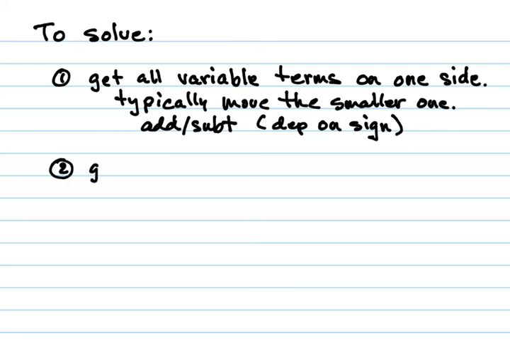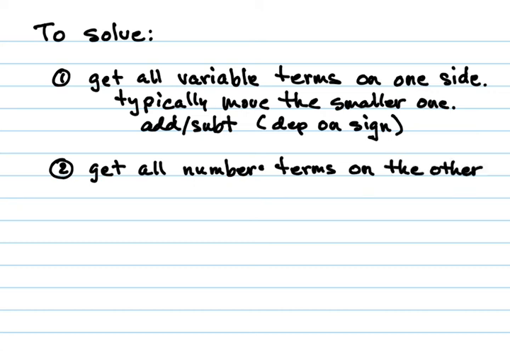Second step, there's only 3, is get all number terms on the other side. Now, this time it does matter which direction you're moving, because with your variable terms, everything is about the variable. So your variable terms will tell the number terms what to do.